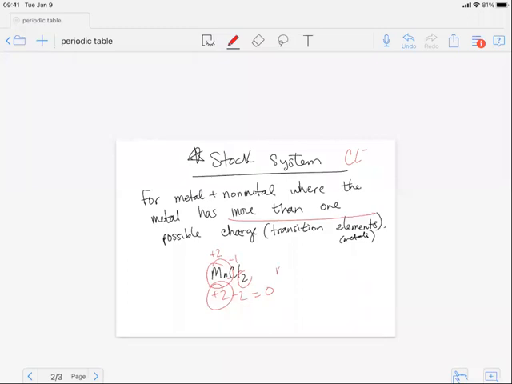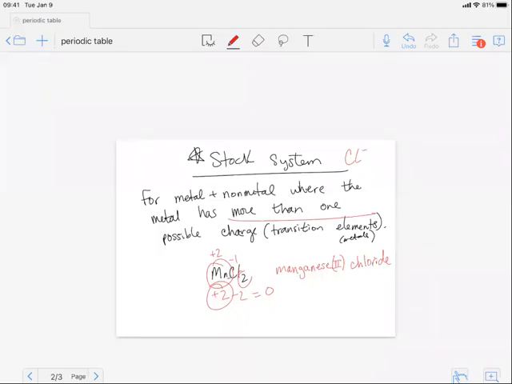So you still write out the name of the element, and you still write the second element name, but it has to end with IDE, so it's chloride. But now, just after the name of the metal, you put a Roman number to indicate which charge it represents. So in this case, it's a Roman numeral 2.